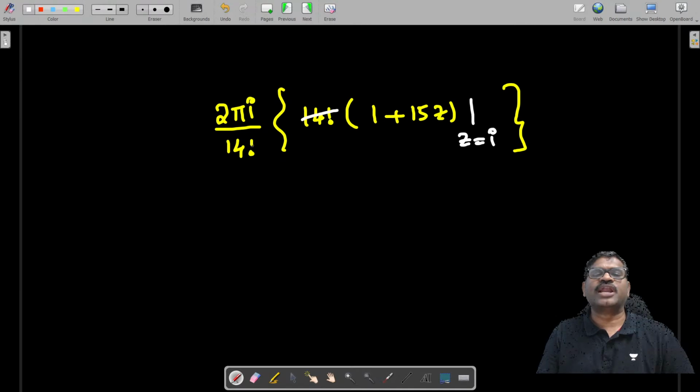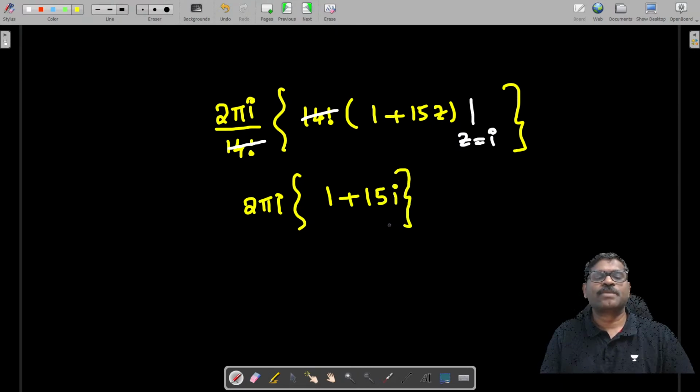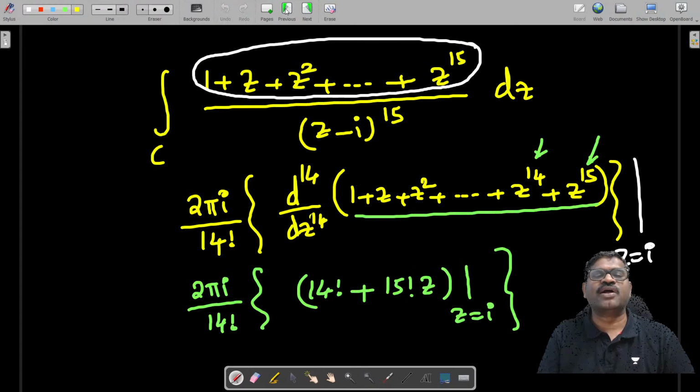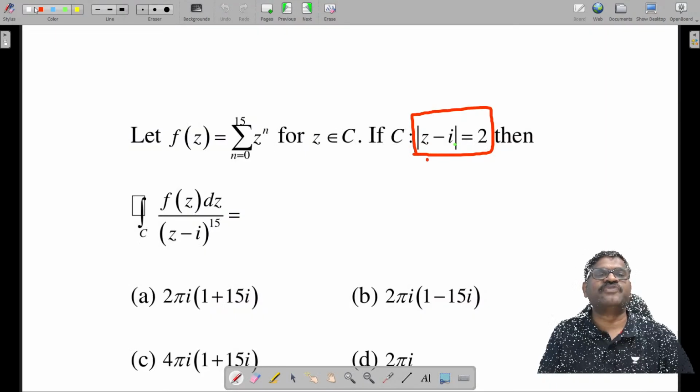Fourteen factorial cancels. 2 pi i into 1 plus 15i. Final answer is 2 pi i of 1 plus 15i.